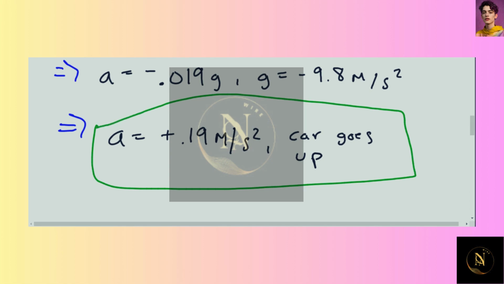Now for the second one, it's the same thing. We just plug in our values, and here for the second one, mu k is 0.05.